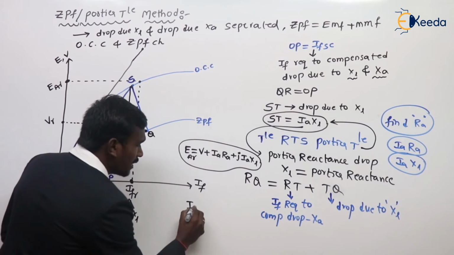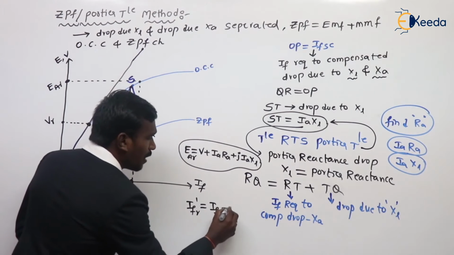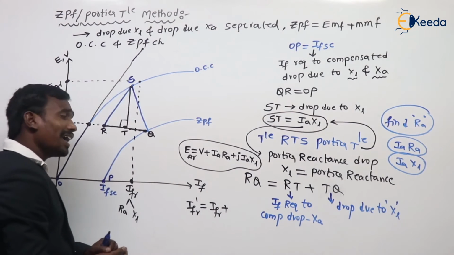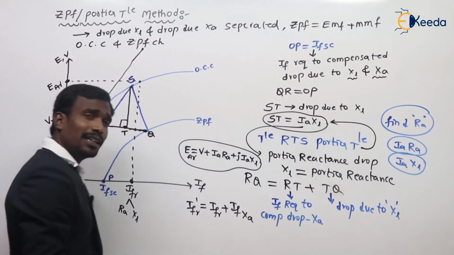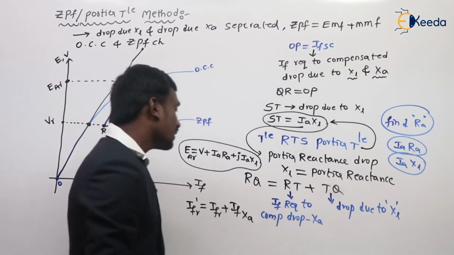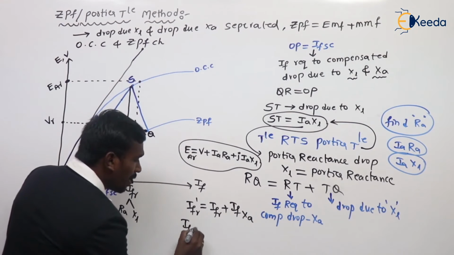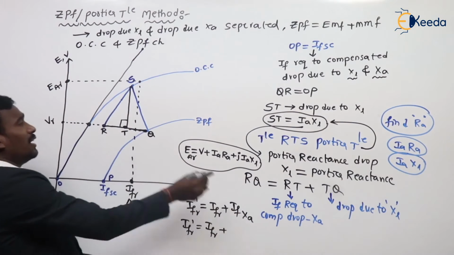So IFR dash is equal to IFR plus IFXA, the field current required to compensate the armature reaction drop. Nothing but IFR dash is equal to IFR plus IFXA.